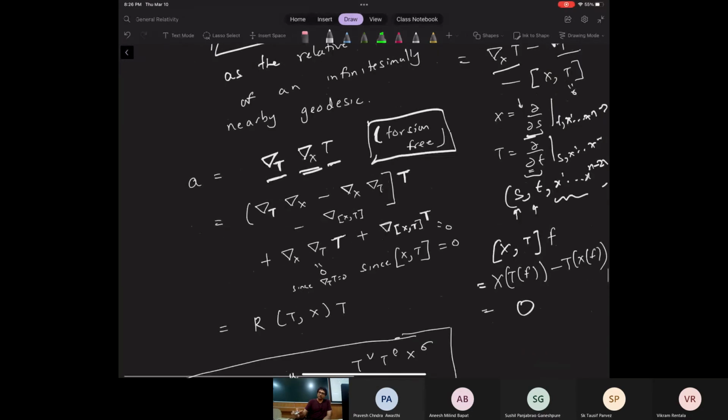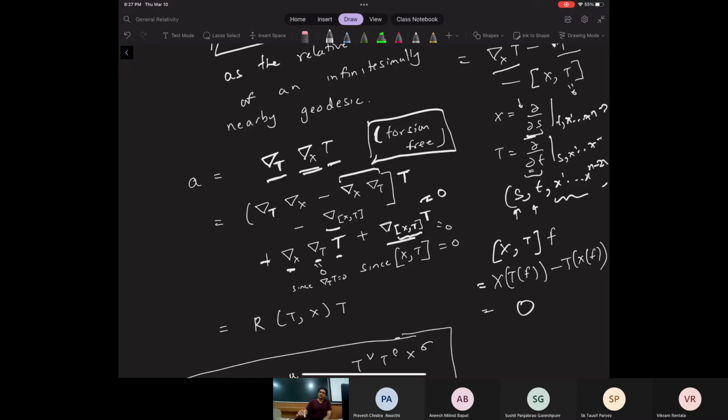Now the next thing I can do is subtract from this del x del t t minus del of the Lie bracket [x,t] t, and I can add back the terms that I subtracted. So I can add back del x del t t, and I can add back del [x,t] t. Now this is zero because the Lie bracket of x, t is zero. So I'm taking a derivative with respect to a zero vector.